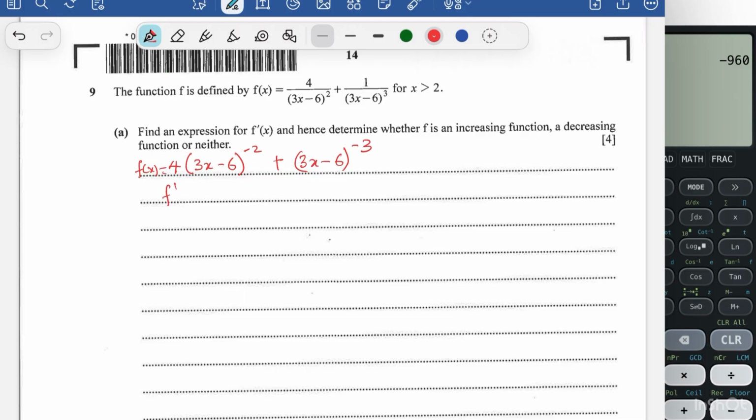When I differentiate this, I'll get minus 8 times 3x minus 6 to the power of minus 3 Then you differentiate inside the bracket. So this gives me 3.